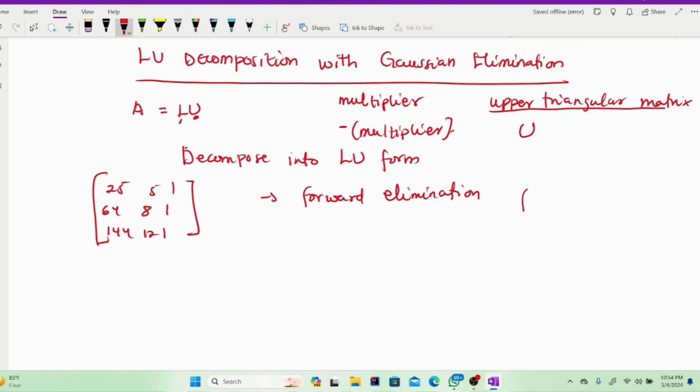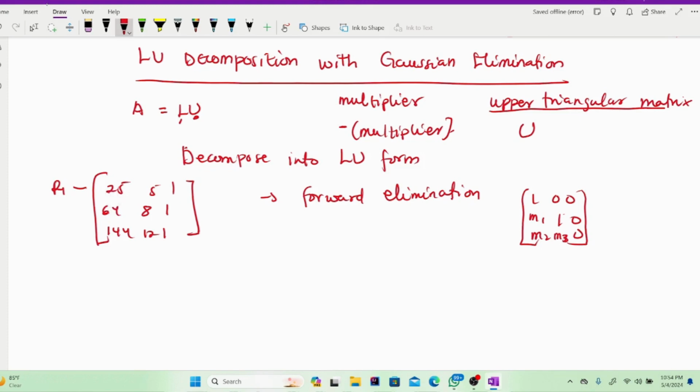The multiplier matrix is given as: 1, 0, 0; multiplier 1, 1, 0; multiplier 2, multiplier 3, 1. Multiplier 1 is the first multiplier we use in our elimination. And I said your row 1 is always the pivot row. So if I want to eliminate the first entry of row 2, I need to take row 2 over row 1 as my multiplier.